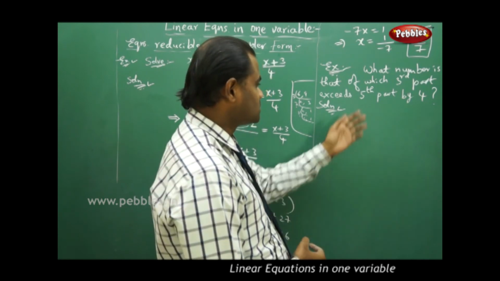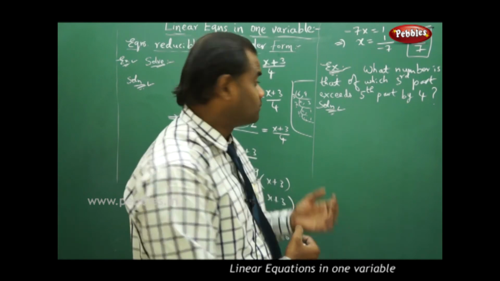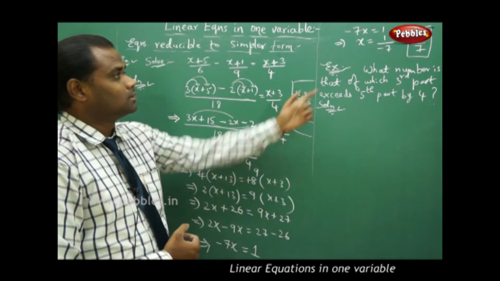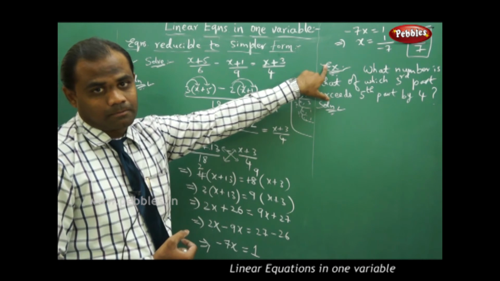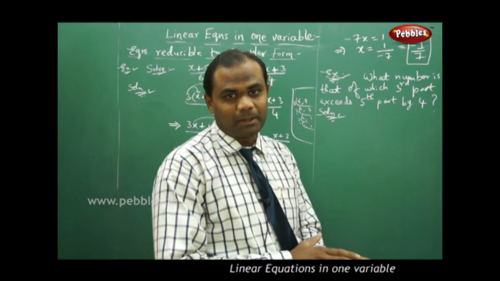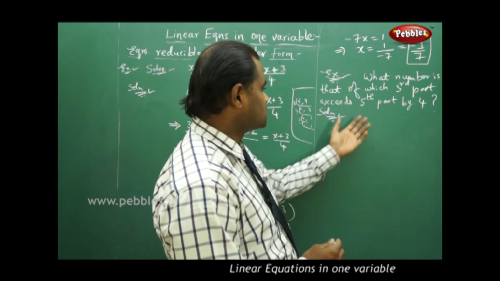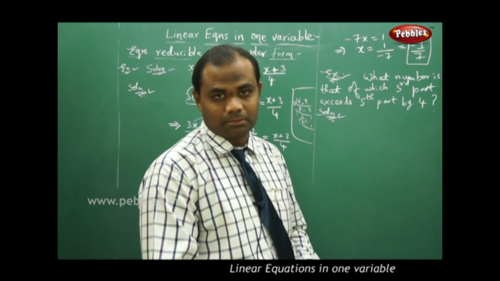Now I'm going to convert this statement into a mathematical equation and then reduce it to the simpler form to find the value of x. Now the question is, what number is that of which the third part exceeds the fifth part by 4? A word problem where we are going to convert this into an equation reducible to simpler form.